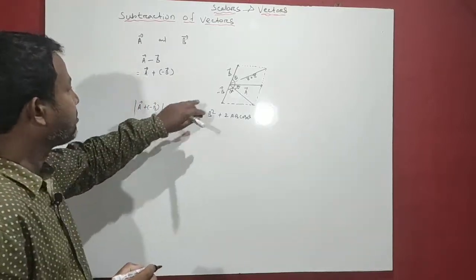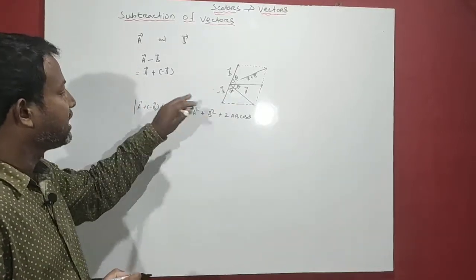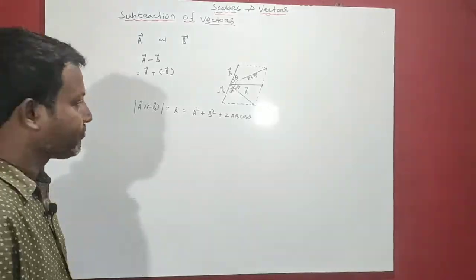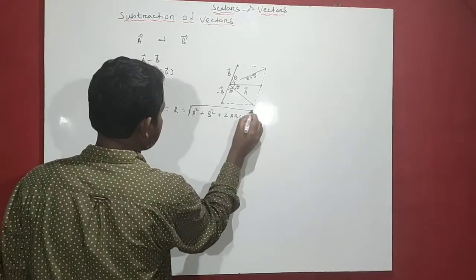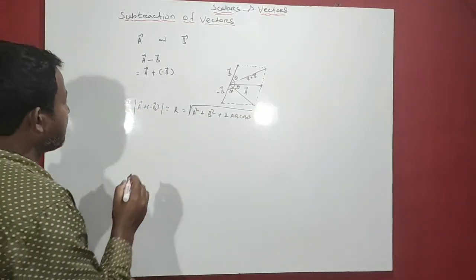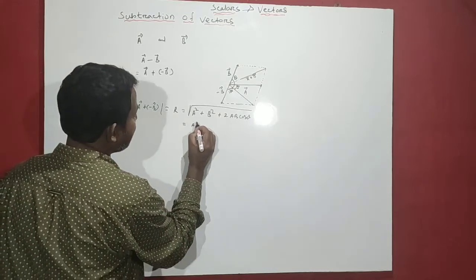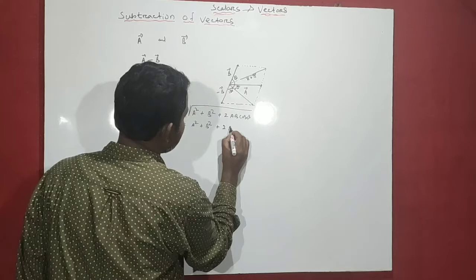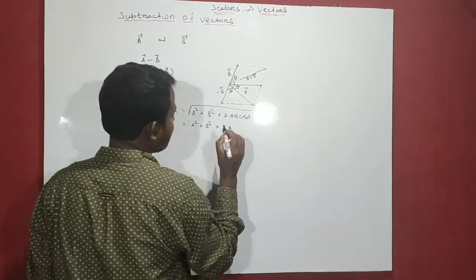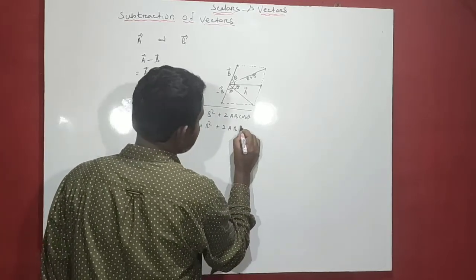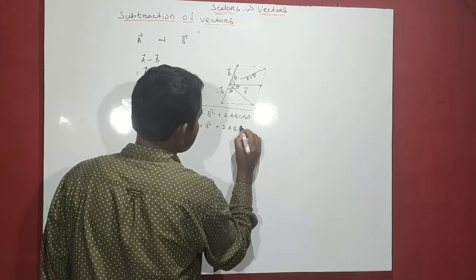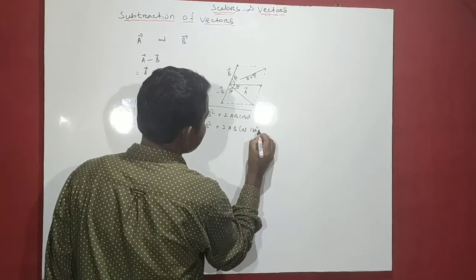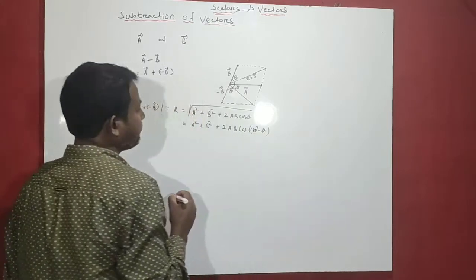This is the formula for the magnitude of the resultant of A plus B. Here, A square plus B square plus 2AB cos of 180 degrees minus theta.